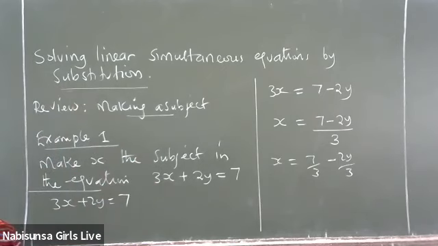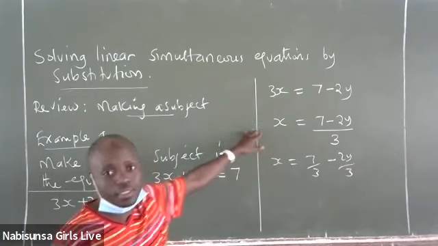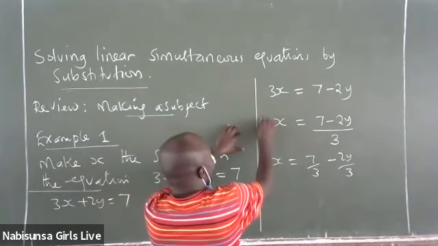Excuse me, teacher. Yes, Yolanda. Teacher, is that where we stop or are we still solving the number? No, we have already stopped because the question has just asked us to make it the subject. And we have done it. You can stop here or here.